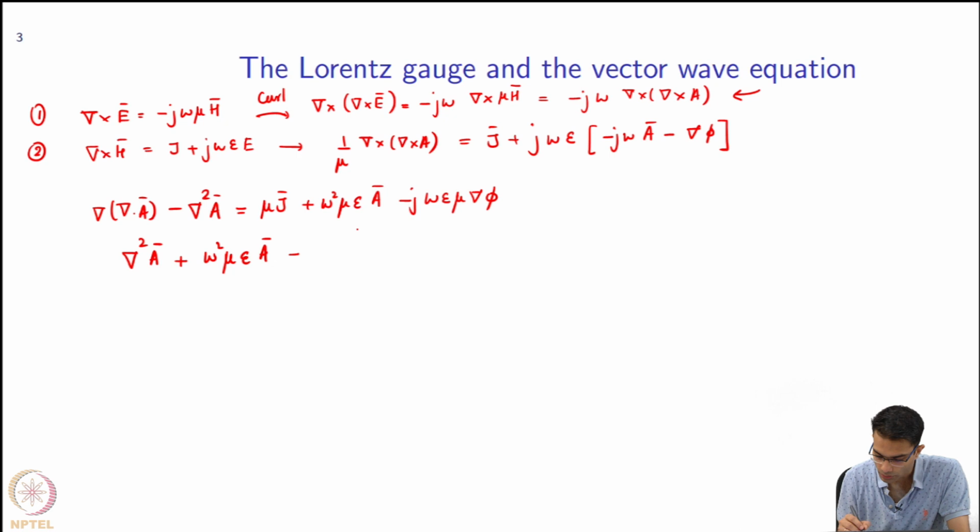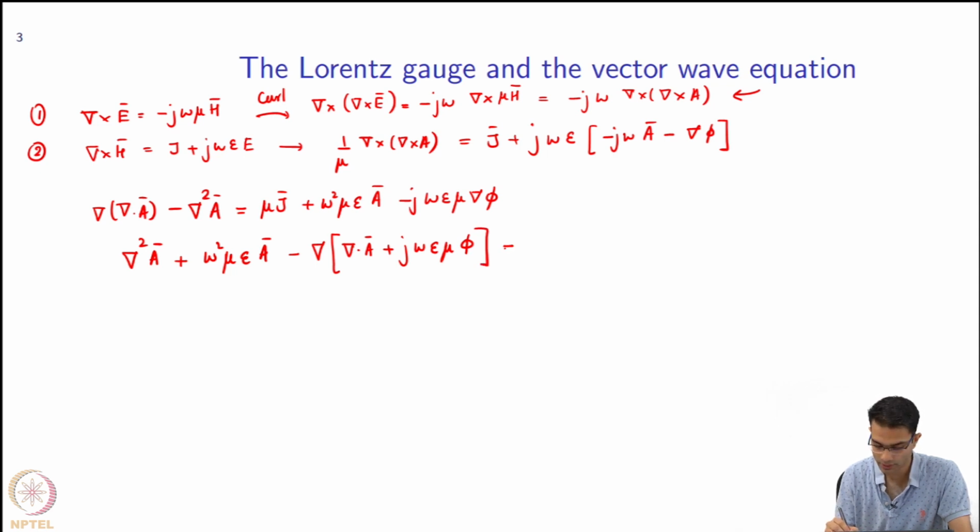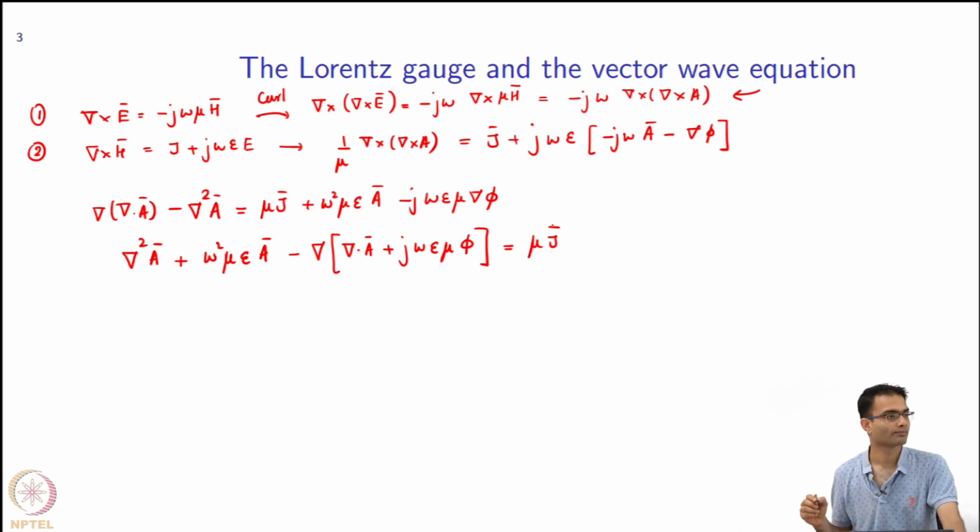Okay. So minus. Let's see. Now I want to write this as del, and let's gather all the terms inside over here. So the first term will be del dot A. Okay. Then I'll have a plus j omega epsilon mu phi is equal to mu j, right.